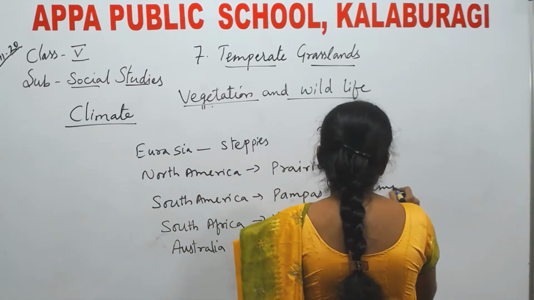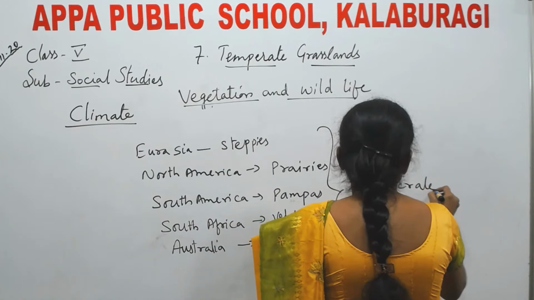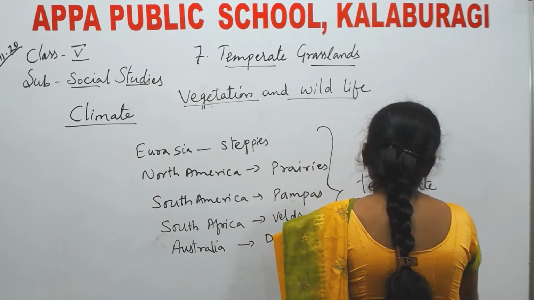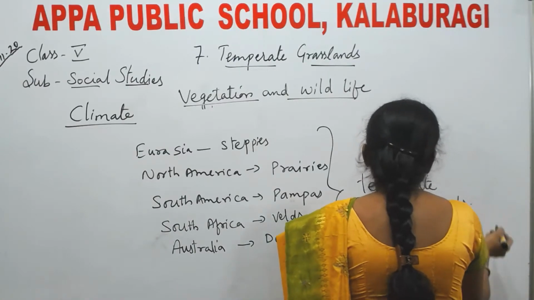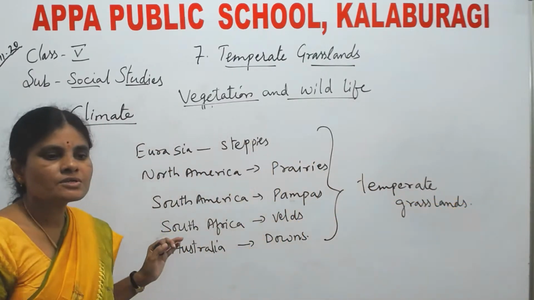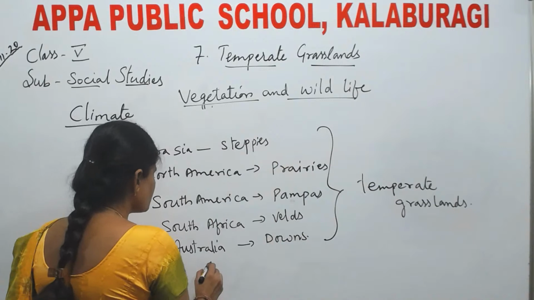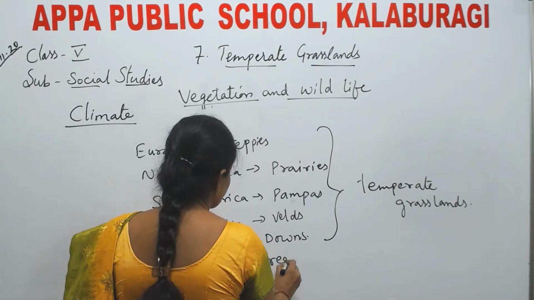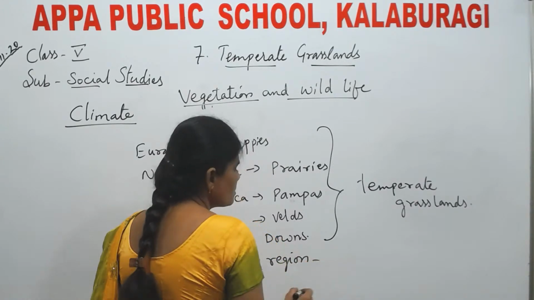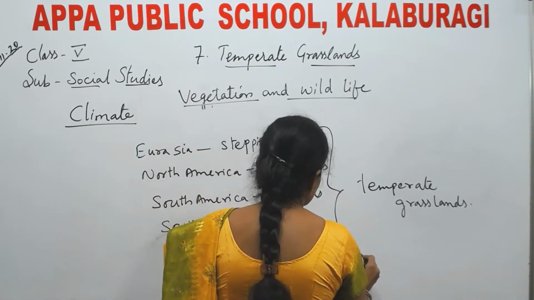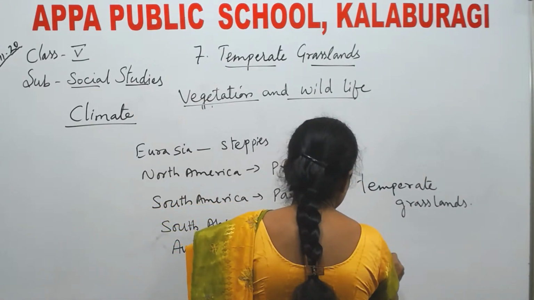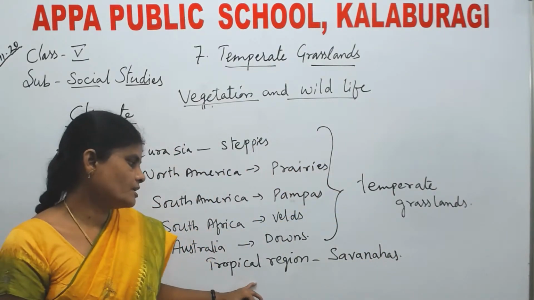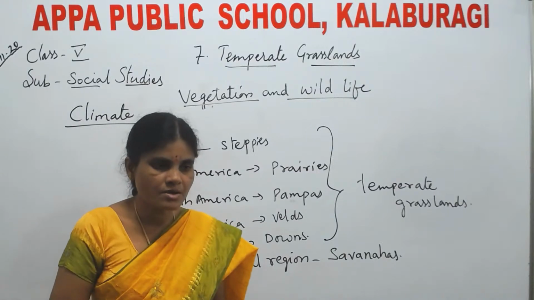Okay, these are all temperate grasslands. And the grasslands which are grown in tropical region are called savannas. Okay, the grasslands which are found in tropical region are called savannas.